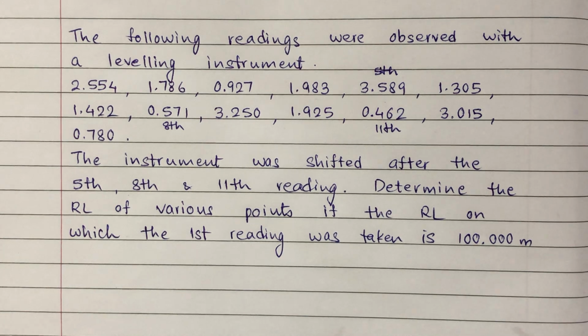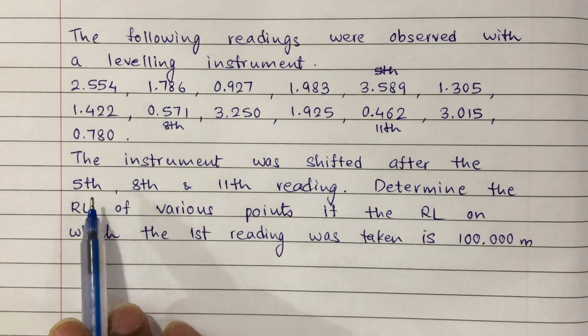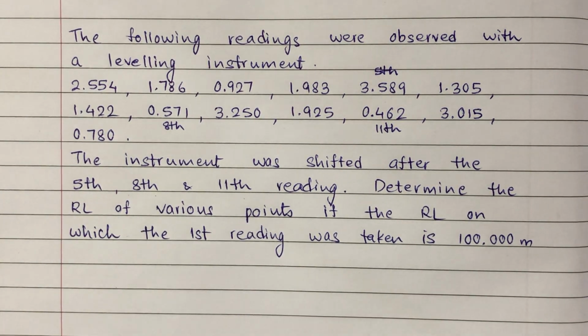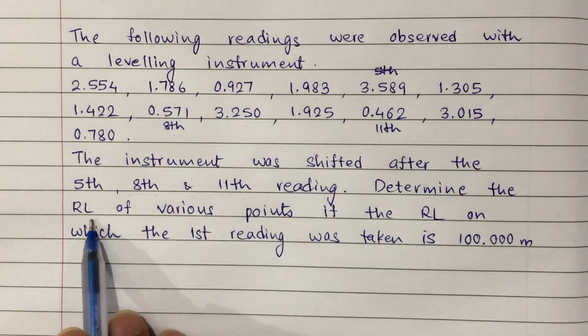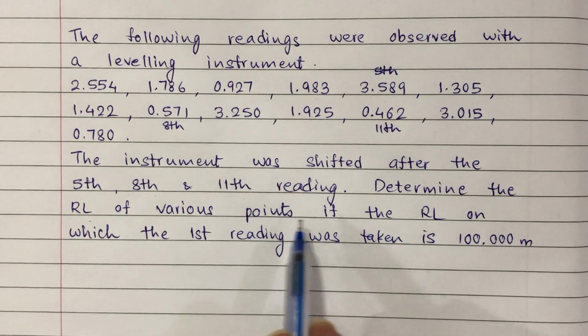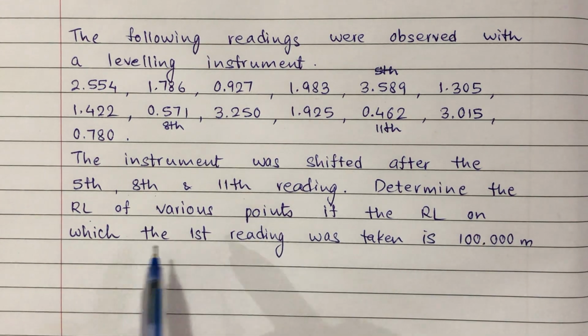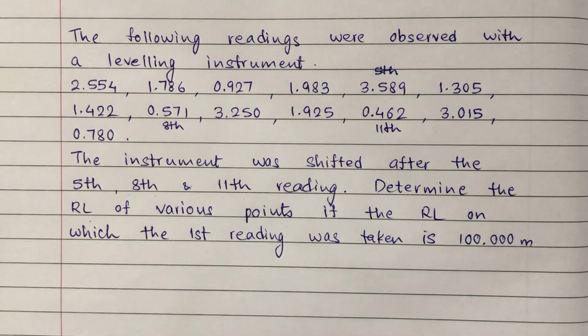So it is saying that the instrument was shifted after the 5th, 8th and 11th reading. Determine the reduced level of various points if the reduced level on which the first reading was taken is 100 meters.